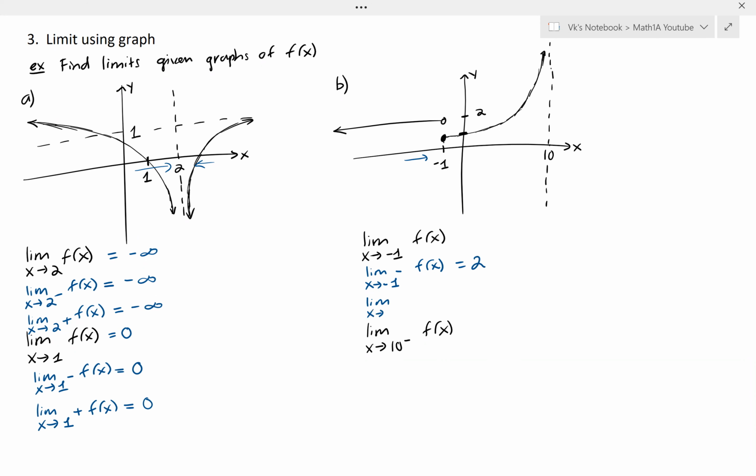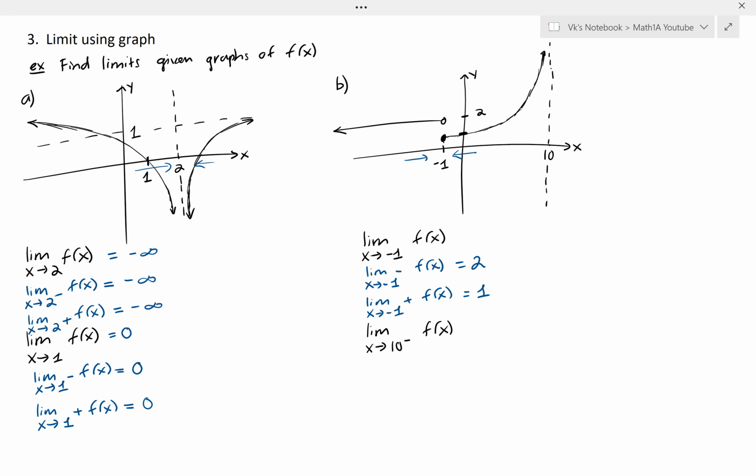Limit as x approaches -1 on the right side. On the right side, it approaches -1 this way. So we have to use the part of the graph that is consistent with approaching -1 on the right side. And if you look at the graph, the output of the function is approaching 1.